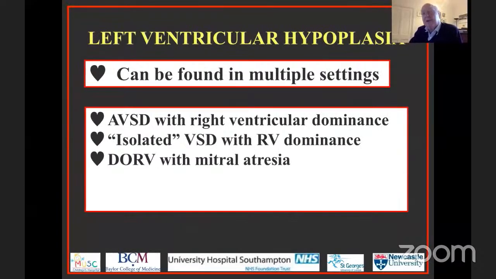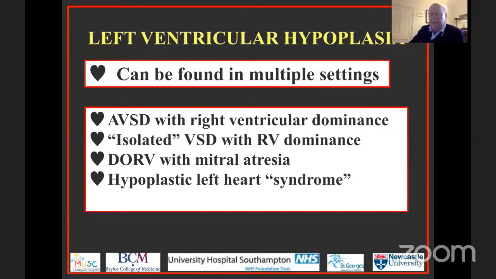DIANE has now shown you an exquisite case of double outlet right ventricle with mitral atresia. And she's compared the similarity of the left ventricle in that setting with what we have when we have combined aortic and mitral atresia in the setting of what we call the syndrome. But at present, we exclude cases with double outlet right ventricle.